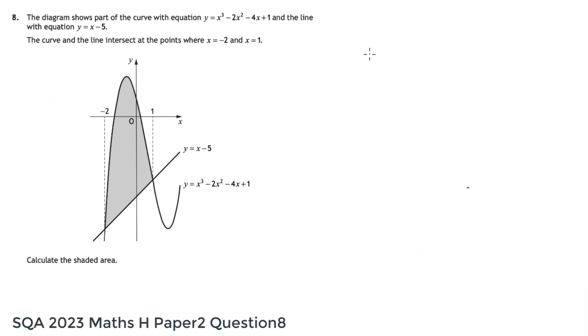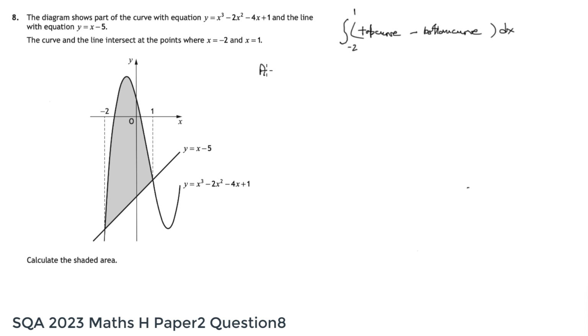So the result we're going to use is that we take the integral, in this case from -2 to 1 of the formula for the top curve minus the formula for the bottom curve, which is basically that straight line. And that's the strategy we'll use.